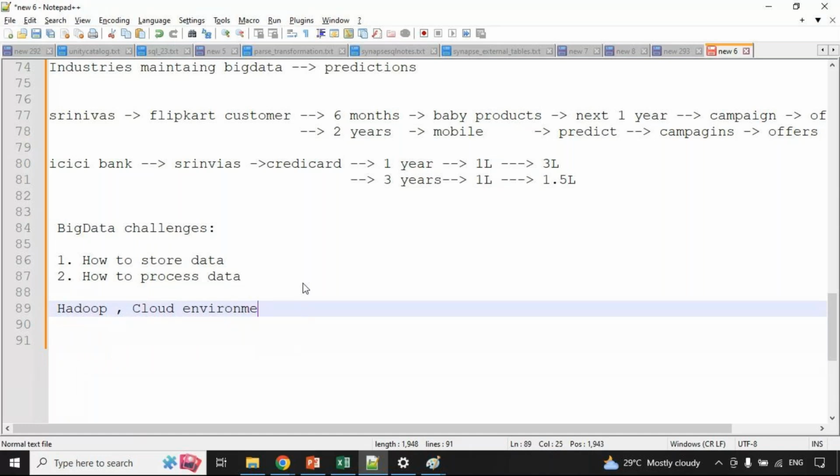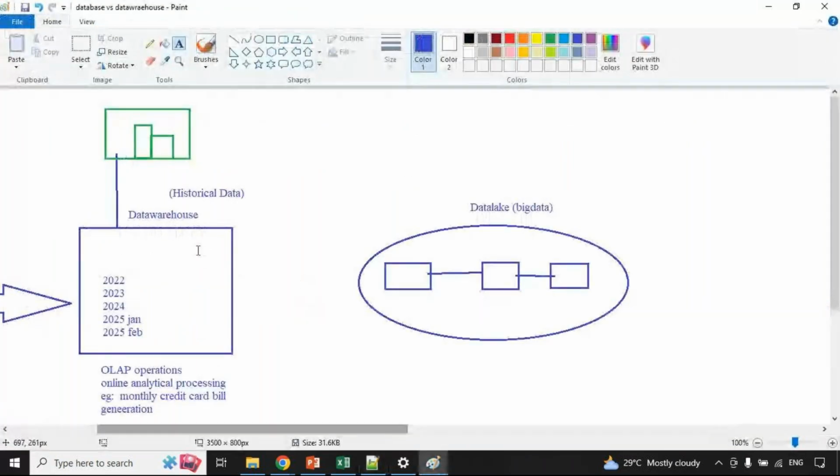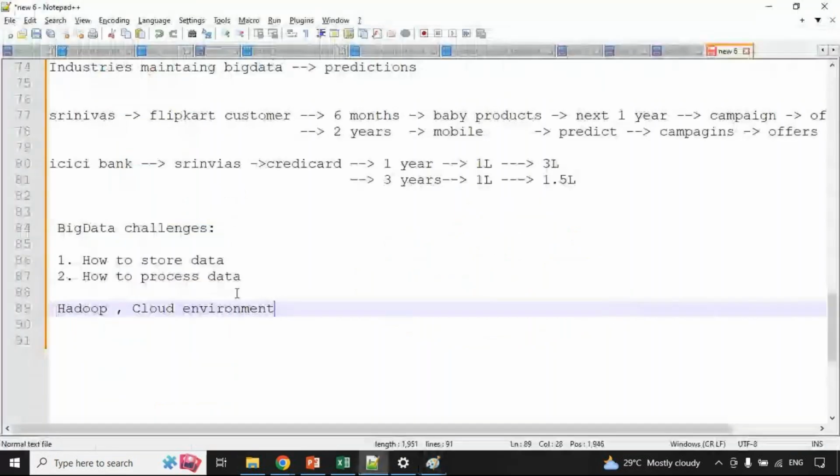In Hadoop, it is completely the traditional way, so manual intervention will be there. Now people are going for the cloud environment to handle huge amounts of data that the traditional data warehouse is not able to handle. So how to store and how to process the data: one way is Hadoop, but it is the traditional approach; the same thing we can do in the cloud environment.